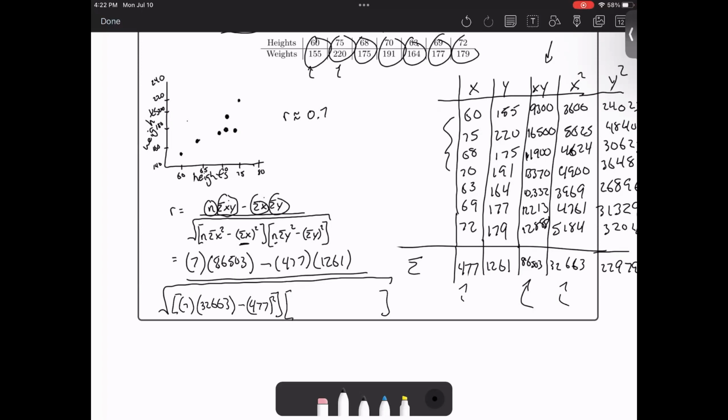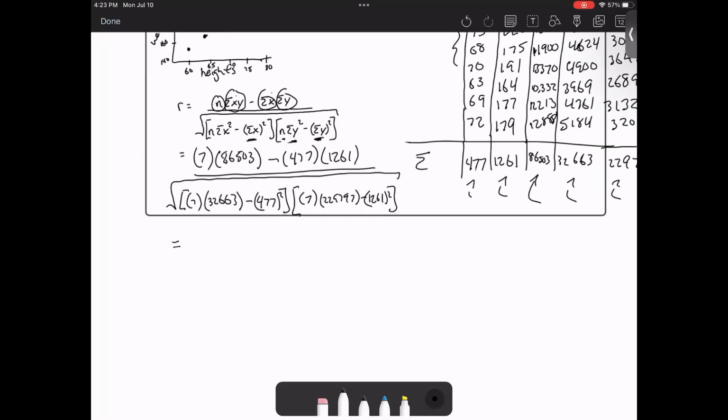And in the second term, we have n again, times the sum of y squareds, 229797. And we subtract the square of the summed y values, so 1261 squared. Okay.